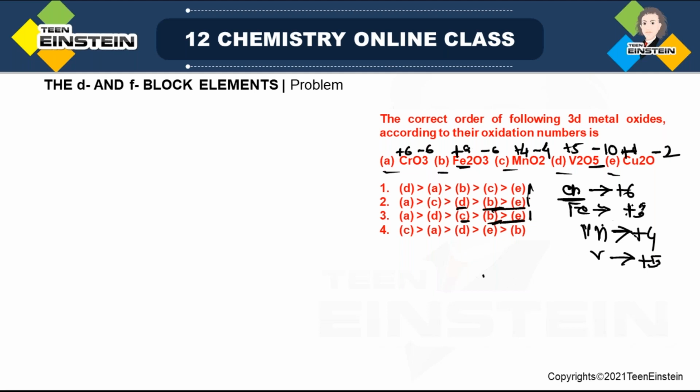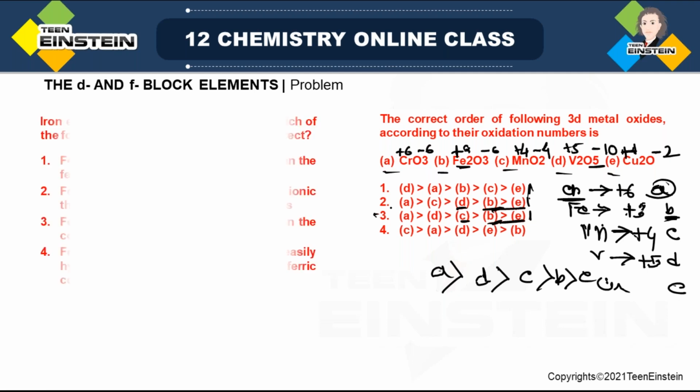So it is A, then B, C, D, and copper will be E. But the maximum is A, after that D, then C, B, and E. So it is matching with which option? A, D, C, B, E. Matching with option 3, right? Option 3 is the correct option.